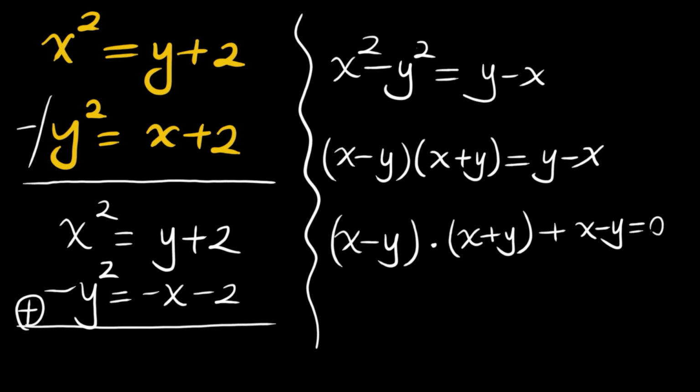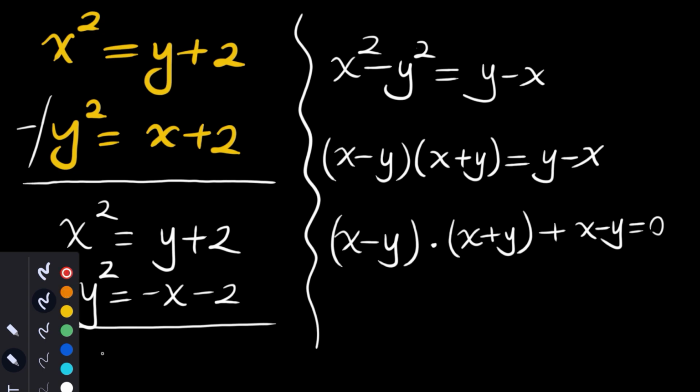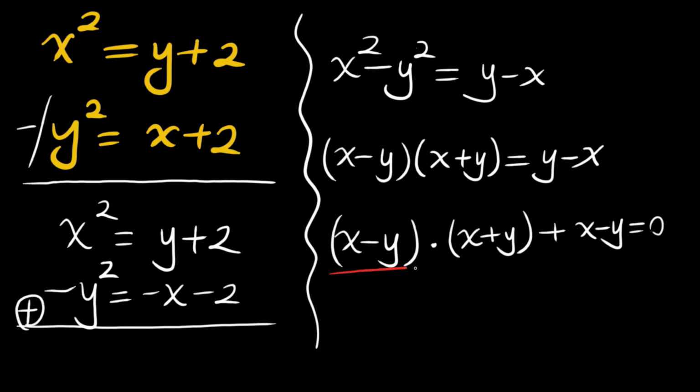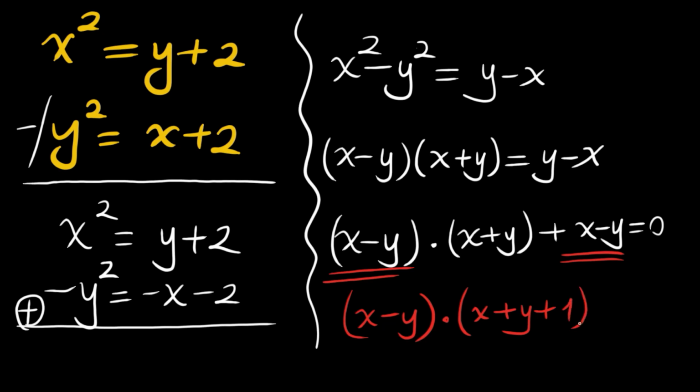So we can group now. We can group these x minus y's and write x minus y times x plus y, and the second is just 1 times x minus y. So we have plus 1 is equal to 0.